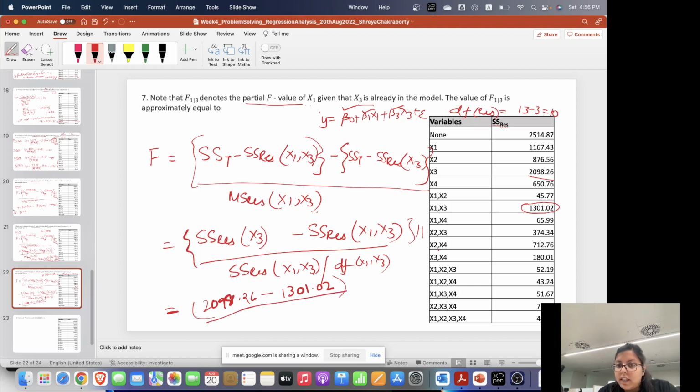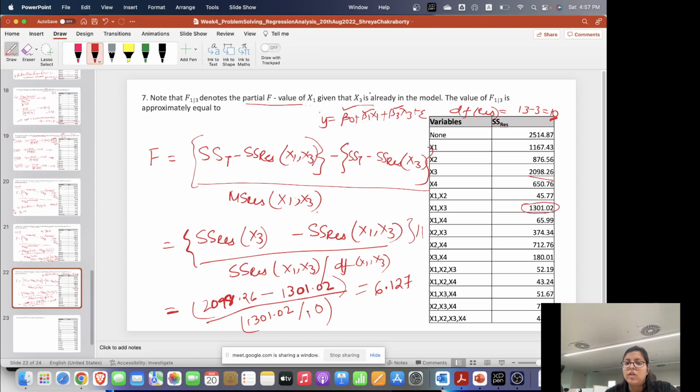By x1 and x3, this one, 1301.02 divided by the df from the model fitting both x1 and x3, that is 10. If we do the calculation, we will get something around 6.127. This is the partial value of F of x1 given that x3 is already in the model.